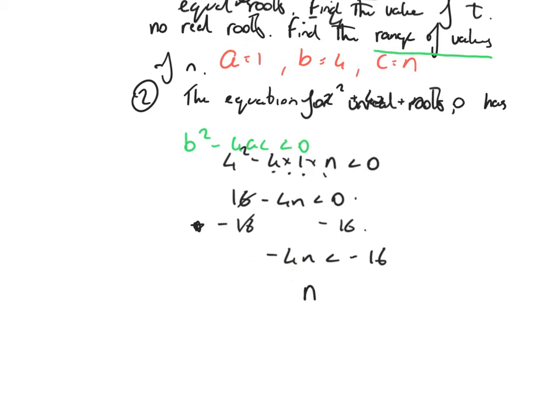Now since I'm dividing by a negative number, I need to flip the inequality around. That's the routine for that. So it now becomes n is more than negative 16 divided by negative 4. The negatives cancel each other out, 16 divided by 4 is 4. Final answer, n is greater than 4. That means n can hold any value which is more than 4.